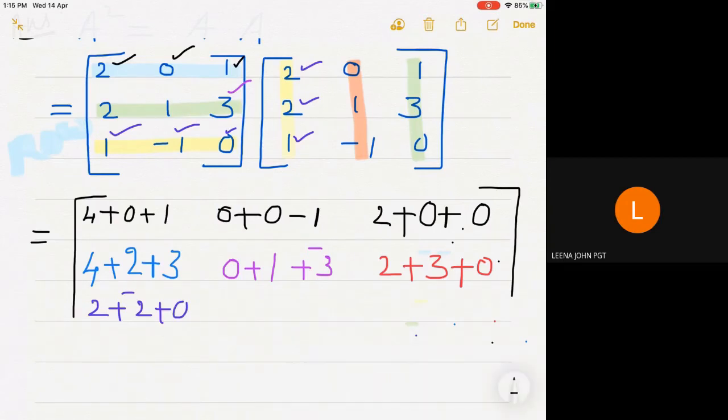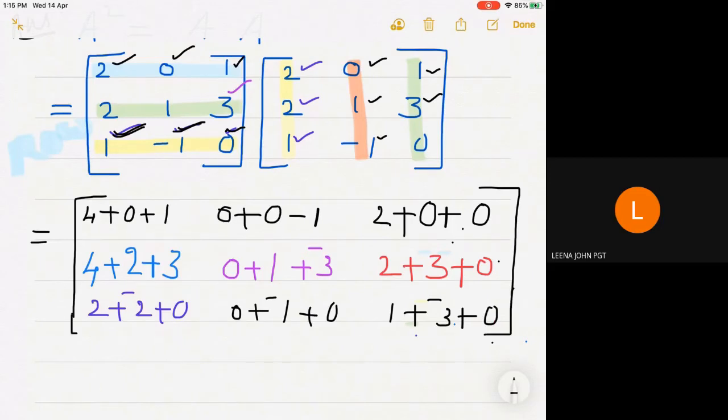Okay. Next, with the second column, 1 into 0, 0, plus minus 1 into 1, it is minus 1, plus 0 into minus 1, it is 0. Again, with the third column, that is 1 into 1, that is 1, plus minus 1 into 3, minus 3, plus 0 into 0, that is 0.